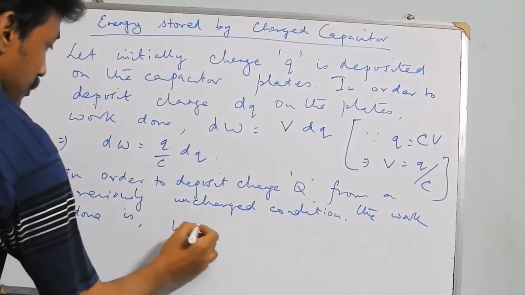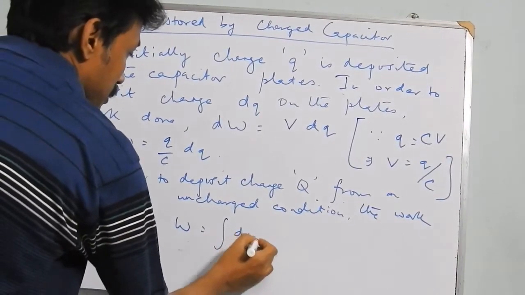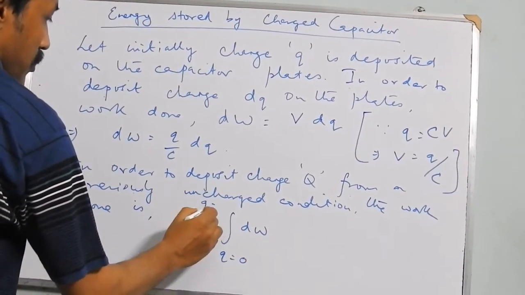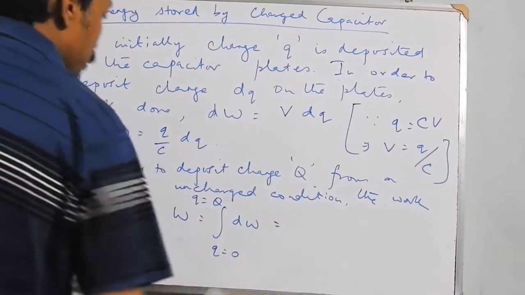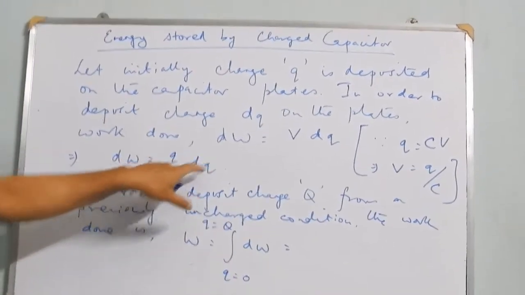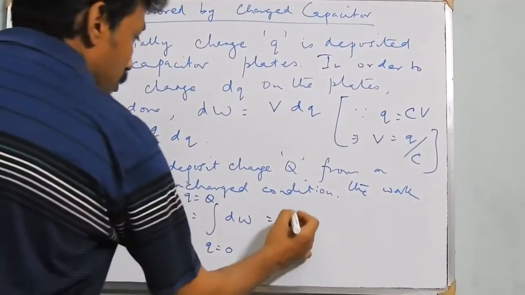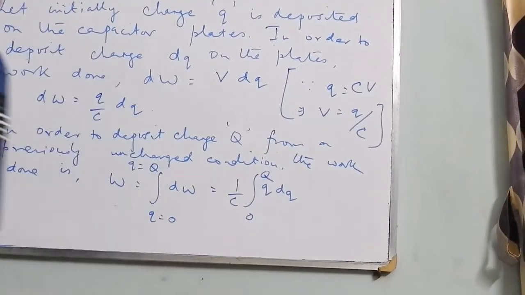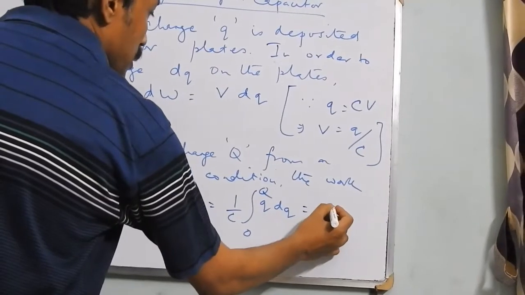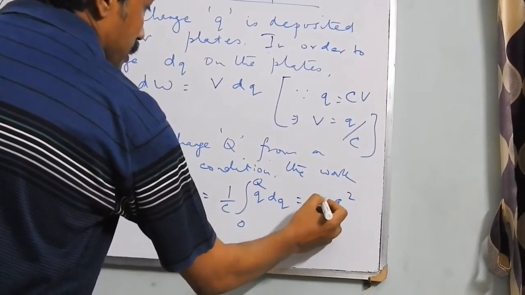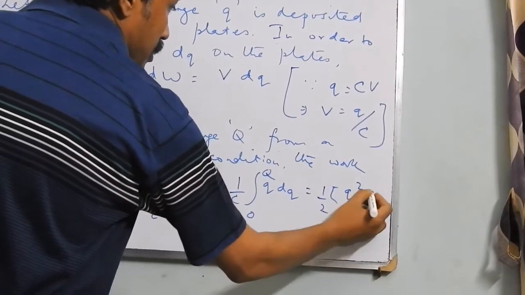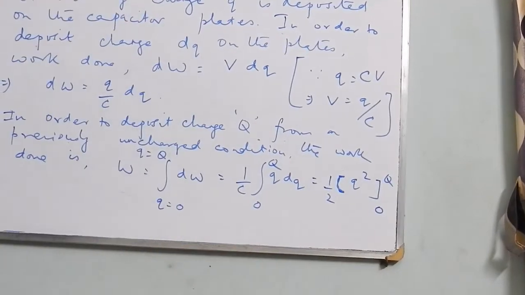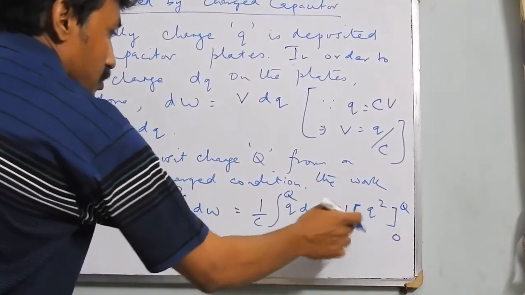is W equal to integration of dW from the value of small q as 0 to small q as capital Q. This is equal to, we will replace dW by q dq by C, where C is a constant, so it will go out of the integration, q dq from 0 to capital Q. Integration of q dq is q square by 2, with limits 0 to capital Q. So this will give you q square minus 0 square by 2.